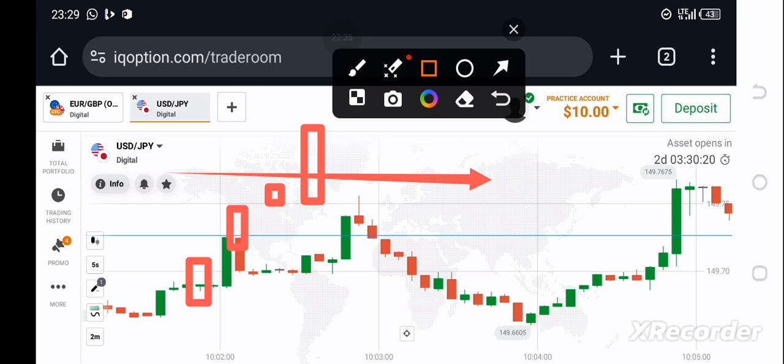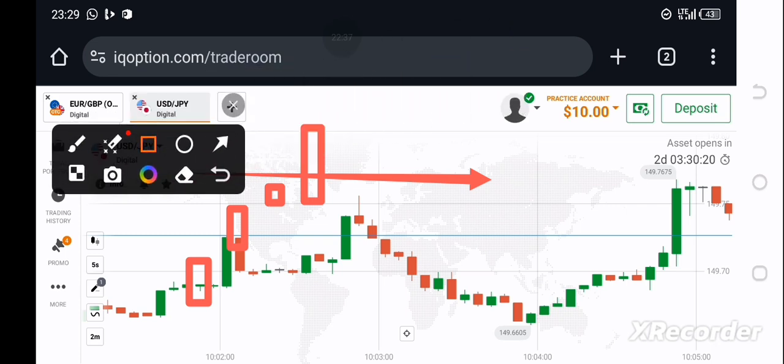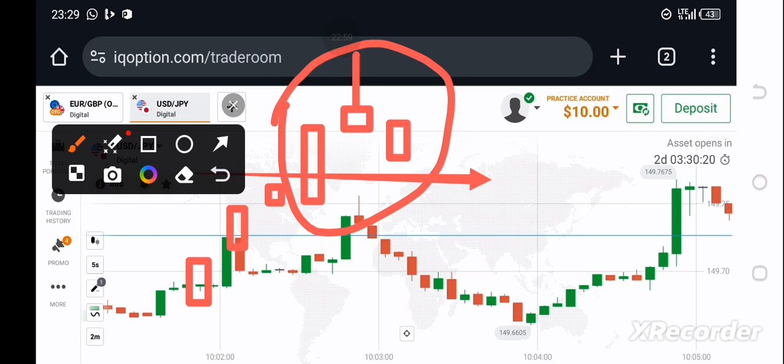So after seeing such a breakout, I saw an inverted hammer candlestick like this. Then again I waited for another candlestick to form, confirming this entire scenario and confirming to me that the market wants to go down. A Marubozu candlestick, an inverted hammer candlestick, and then a strong bearish candlestick followed.